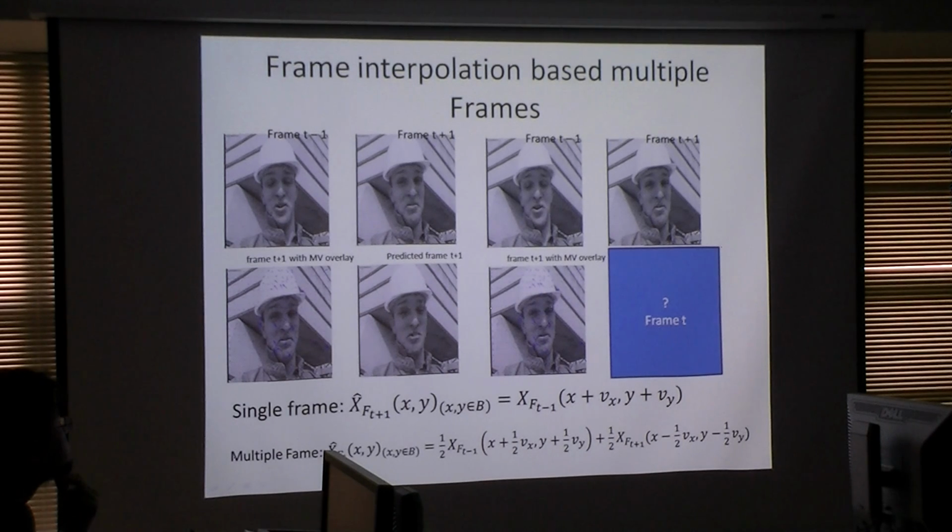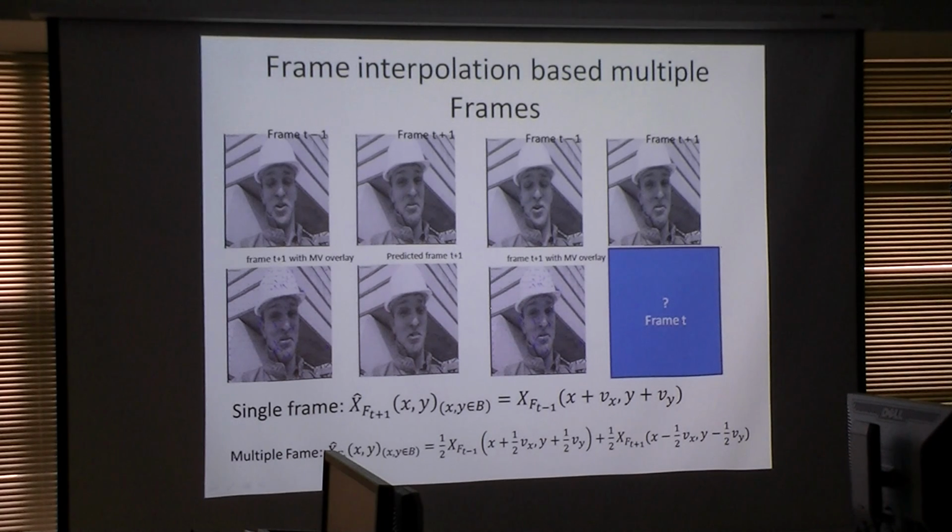And another improvement is frame interpolation based on multiple frames. In the previous case, we suppose we only use one frame. We use frame t minus 1 to interpolate frame t plus 1, right? We can try to use the frame t minus 1 and frame t plus 1 to interpolate frame t.